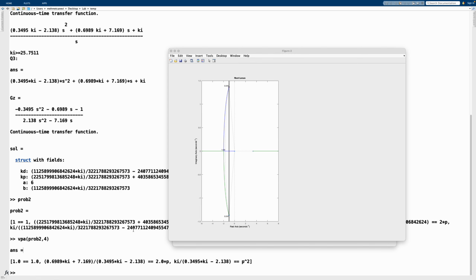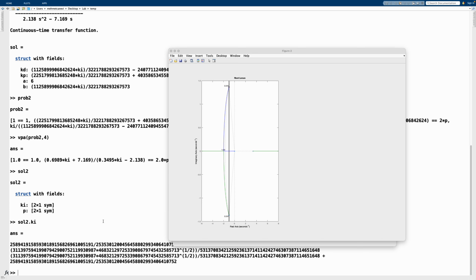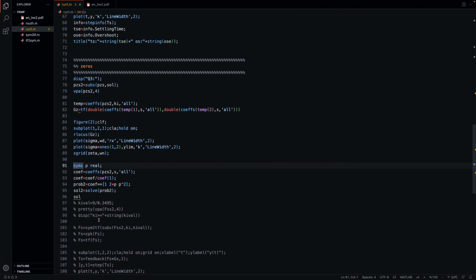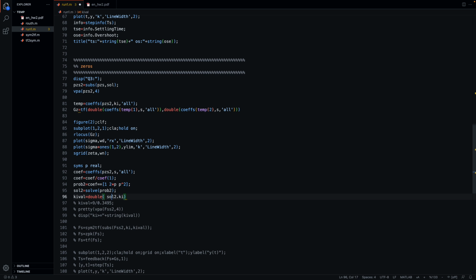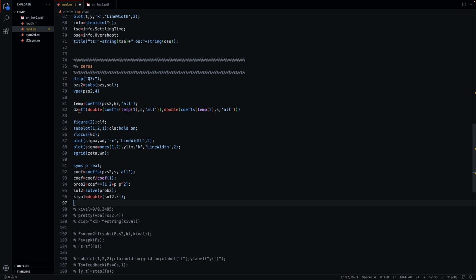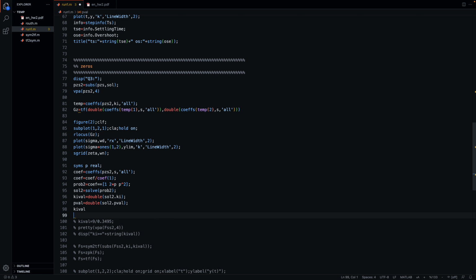Now, if we look at sol2, it found two solutions. Sol2.ki is going to be this. So let me now use basically the placeholders here. So ki val is going to be double sol2.ki, and p-val is going to be double sol2.p, and we will have ki-val and p-val.